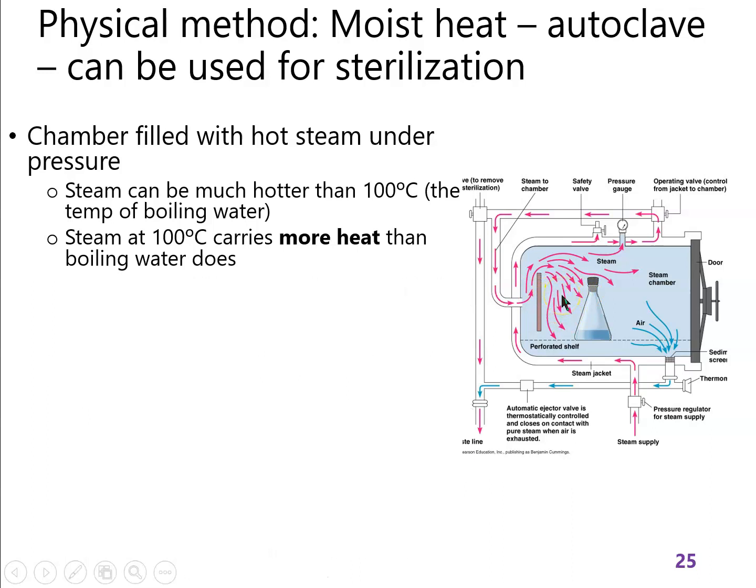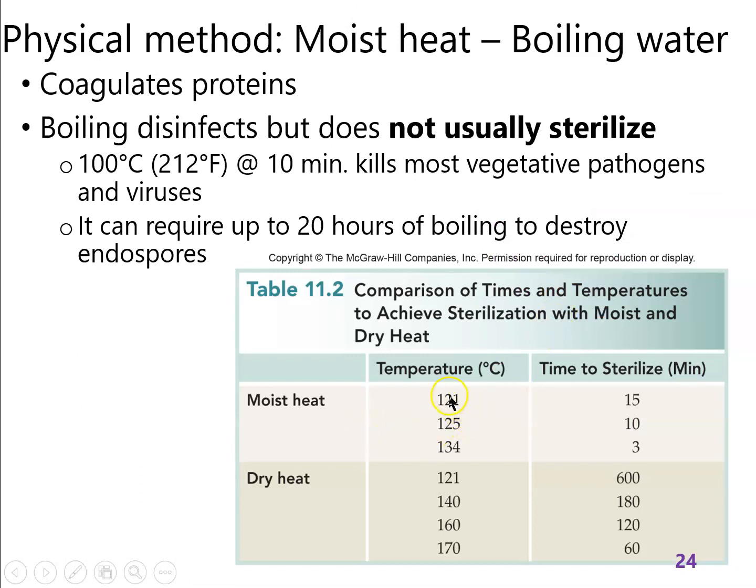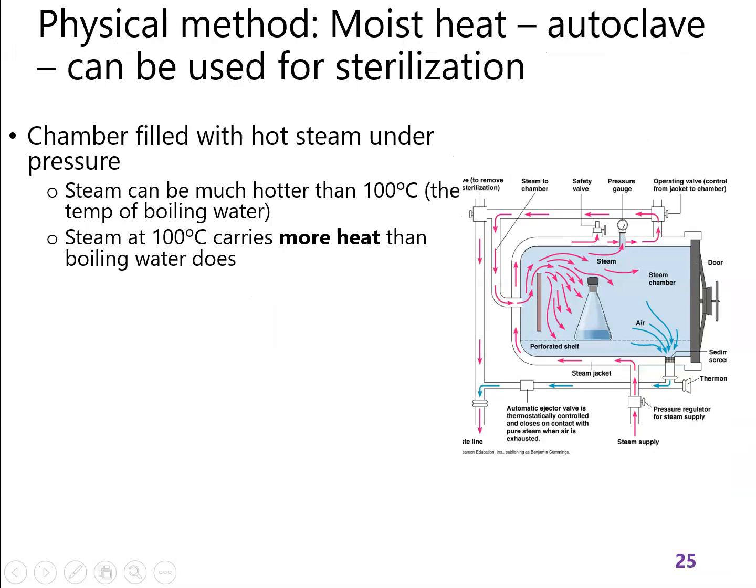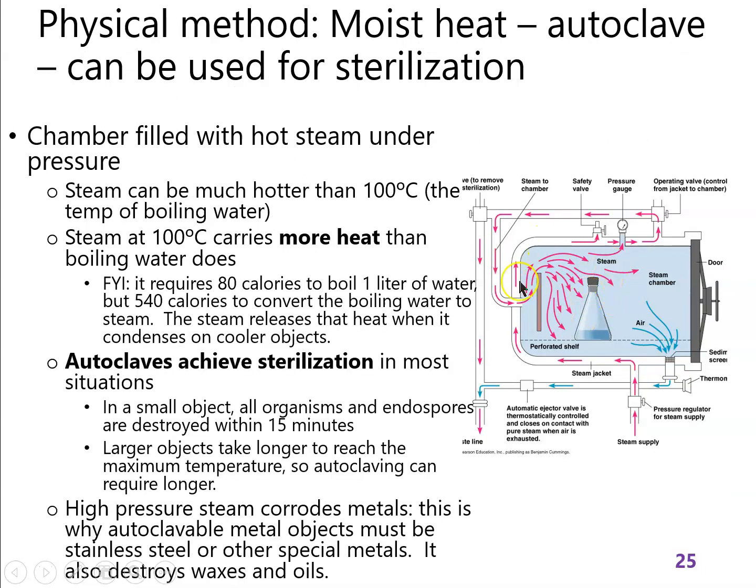And that, if we go back to this previous slide, that's why if you compare moist heat at 121 Celsius to dry heat, something that took 15 minutes to kill in an autoclave would take 10 hours to kill using just hot, dry air. And that is a thing. So yeah, autoclaves do this.